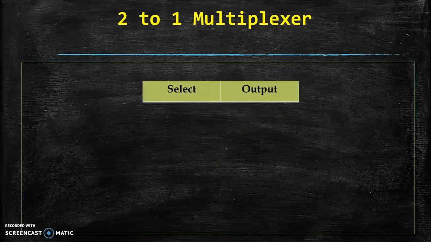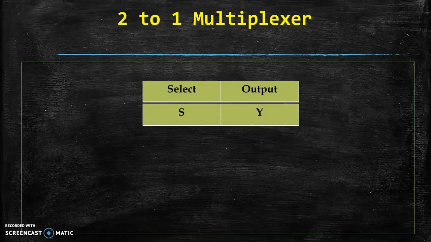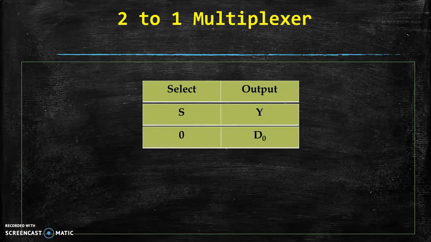We have a select line and an output line. The select line we normally write as S and the output as Y. Now we have two conditions for the select line because we have only one select line. Suppose S is equal to 0, then output Y is equal to D0.